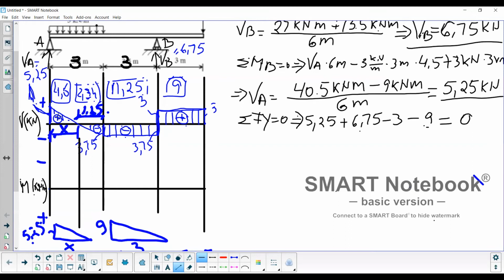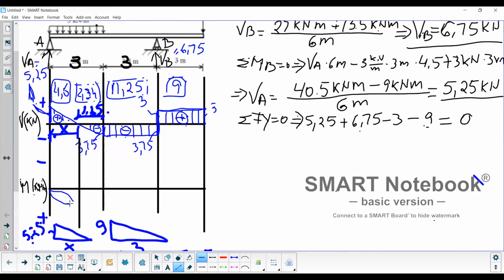And another thing we know is since this is linear, our diagram will look parabolic. Now, it is always a big question, which way do you draw your diagram? Is it going to look like this or like this?